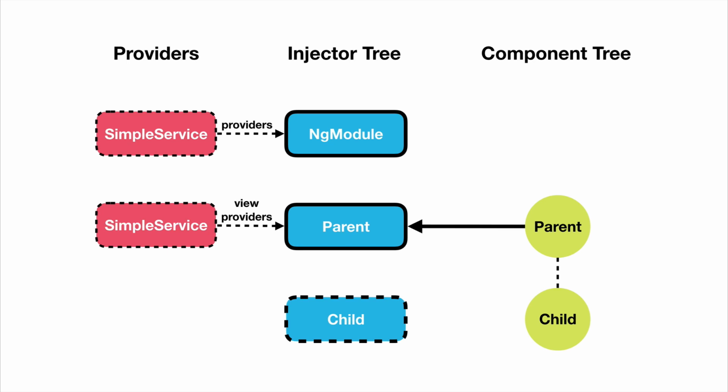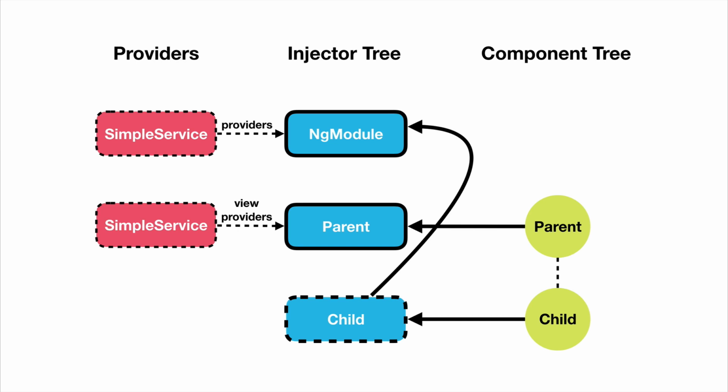But then when the child requests a resolution of the simple service token, since the child is a content child, it doesn't forward the request to the parent injector. It requests actually directly from the NgModule itself.